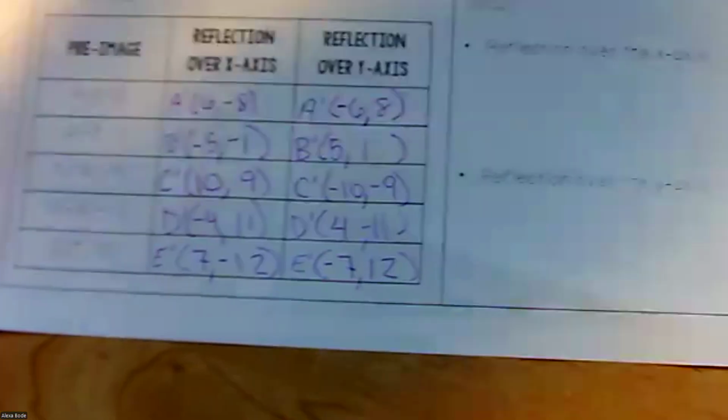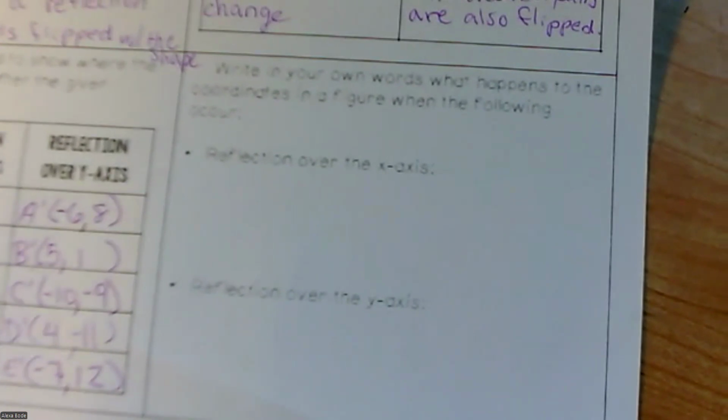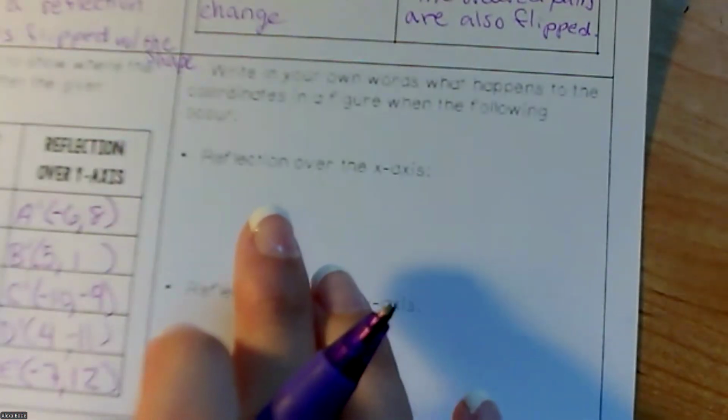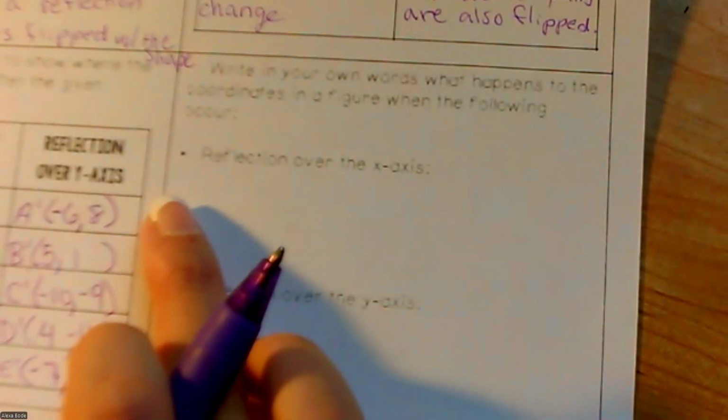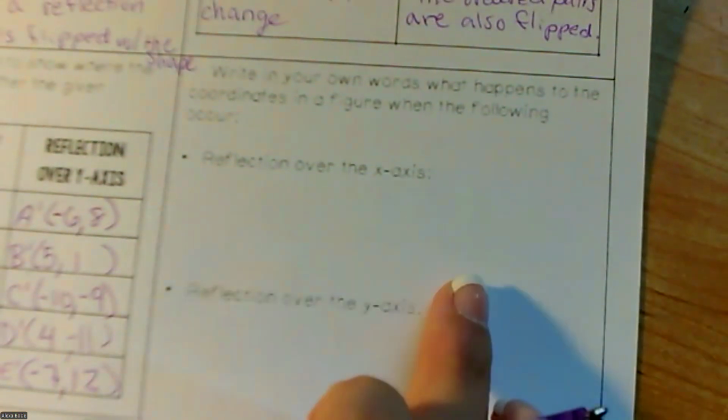Okay, last section for these notes. Write in your own words what happens to the coordinates in a figure when the following occurs: reflection over the x-axis and reflection over the y-axis. So we're going to actually do this in words and in that algebraic form.